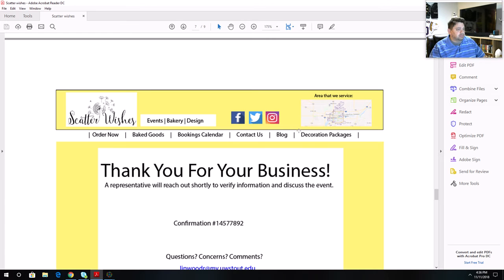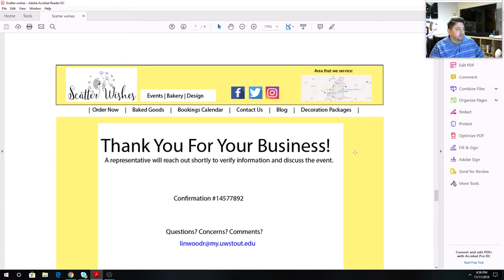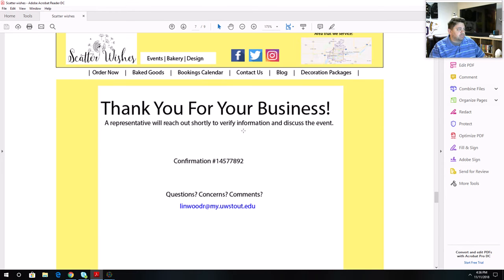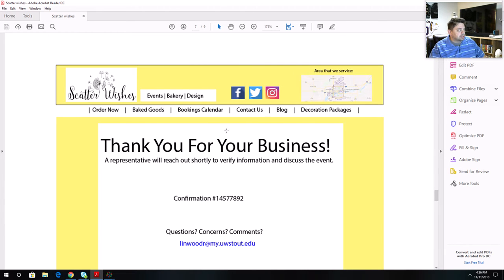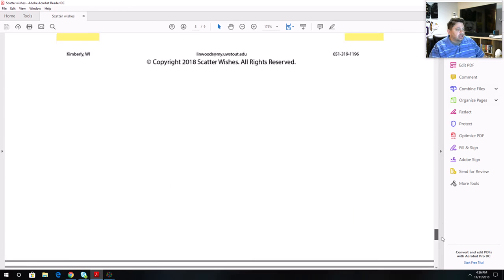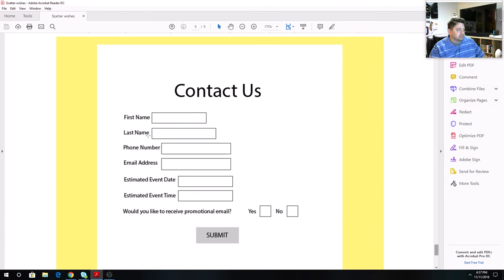This is actually my prototype and wireframe for my website, and it's a business that my wife and my mother-in-law are setting up for catering and baked goods and things like that. I'm putting in a contact us form that's kind of a lead generation, if they'd like promotional email, things like that.